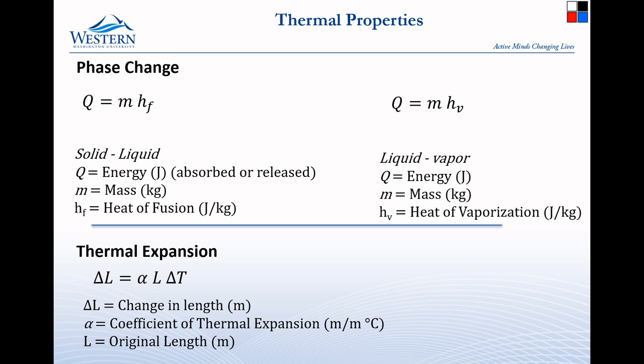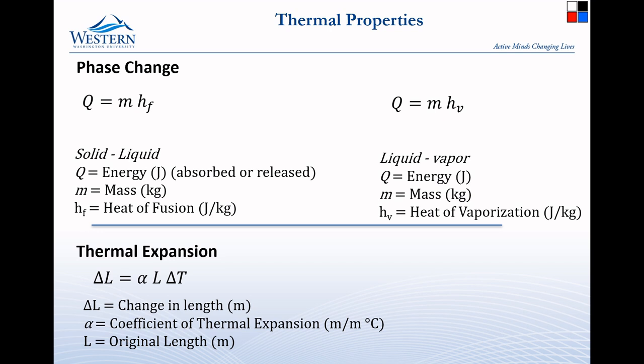And then the last thermal thing to think about is this. The thermal expansion of a material is the coefficient of thermal expansion, which is a material property, times the original length of the material times the temperature change. So if you have a longer item and you change the temperature, it will grow more. It's not very surprising.